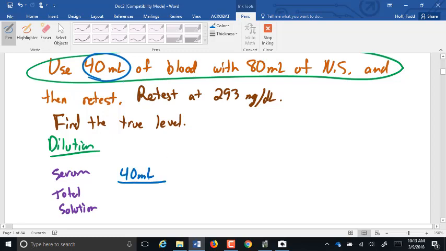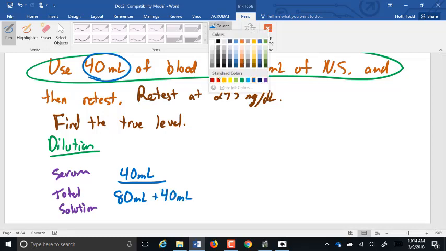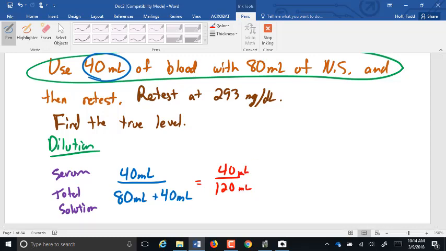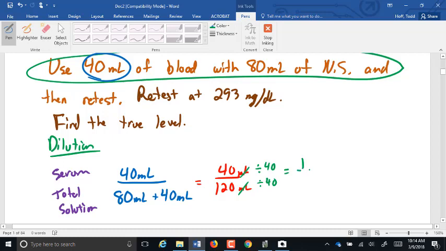Now, I always put the units in first just to make sure the units match up. The total, however, is not the 80, it is 80 plus 40. So that's 40 milliliters over 120 milliliters. The milliliters cancel out, and that's going to reduce. Both of those numbers can divide by 40 to give me a 1 in 3 dilution.